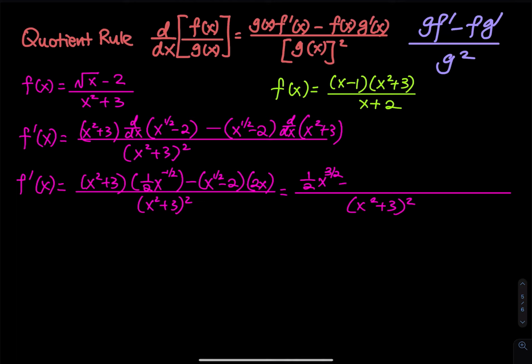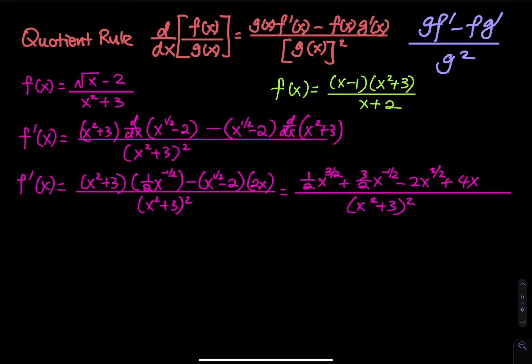And then plus 3 over 2, x to the negative 1/2, and then minus 2x to the 1/2 plus 1, that is equal to 3/2, and then plus minus, right, 4x.